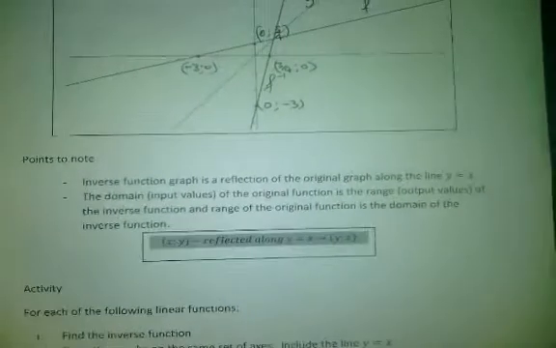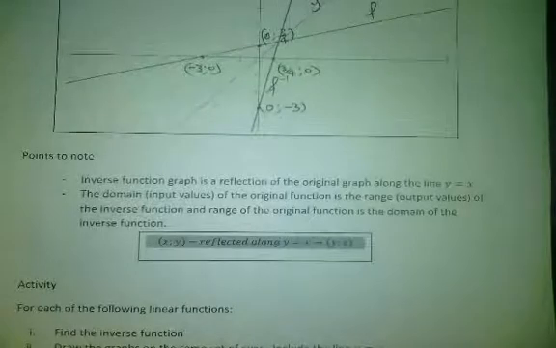Now, maybe points to note. The inverse function graph is a reflection of the original graph along the line y is equal to x. The domain, that is the input values of the original function, is the range, that is the output values, of the inverse function. Remember the interchanging. That means if we change x and y, x was the domain of the original function.